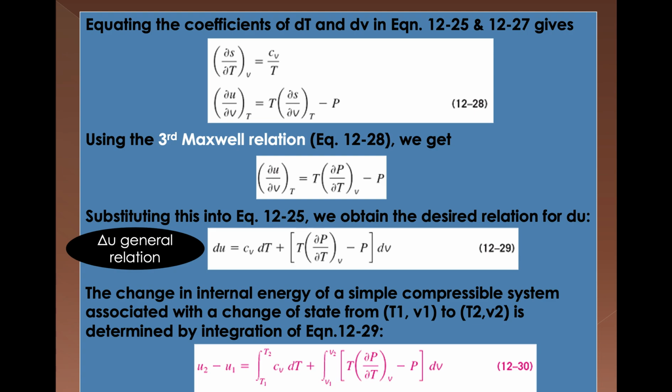The change in internal energy of a simple compressible system associated with the change of state from T1, V1 to T2, V2 is determined by integrating equation 12-29, whereby we get U2 minus U1 equals the integration of Cv dT plus the integration of this other term.